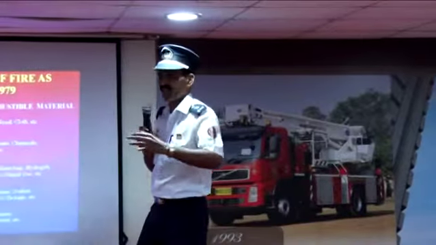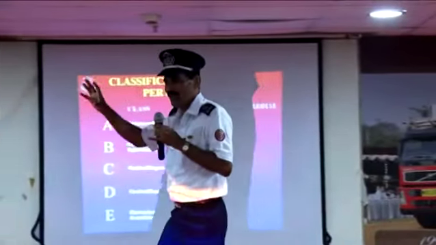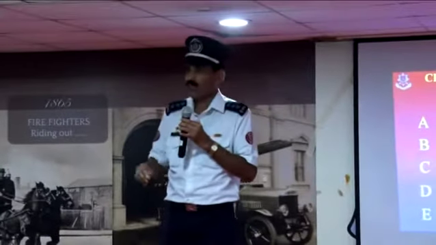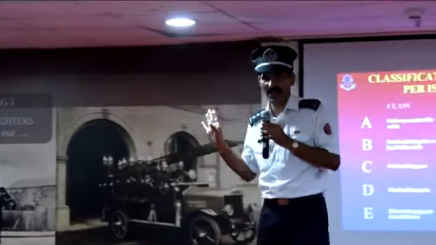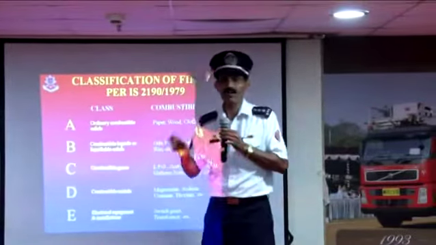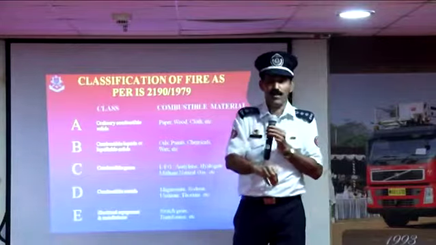Now in a transformer you see that there is oil. So if there is a fire in the transformer and you switch off the main, cutting the electric supply, then you can use dry chemical powder, or if there is oil, foam. But if the supply is not cut off, then you should wait for a while. So if you switch off the supply, then you can use extinguishing media as per the material involved. Okay.